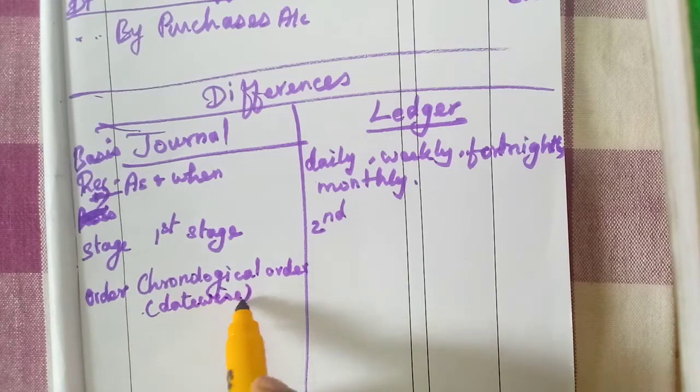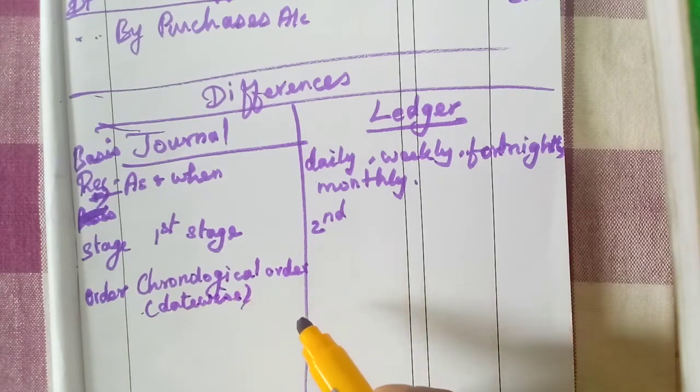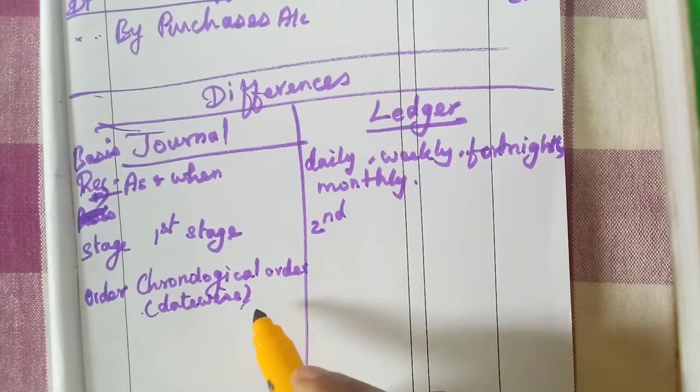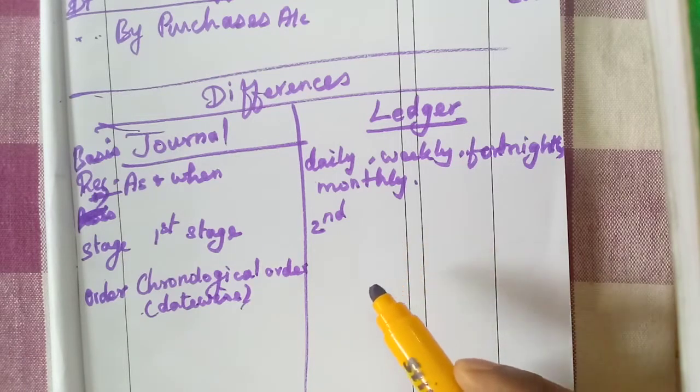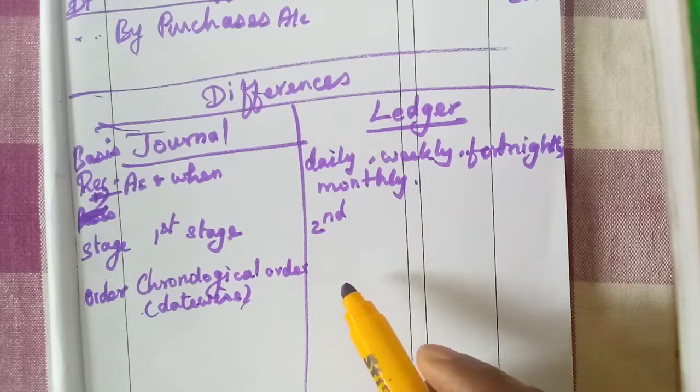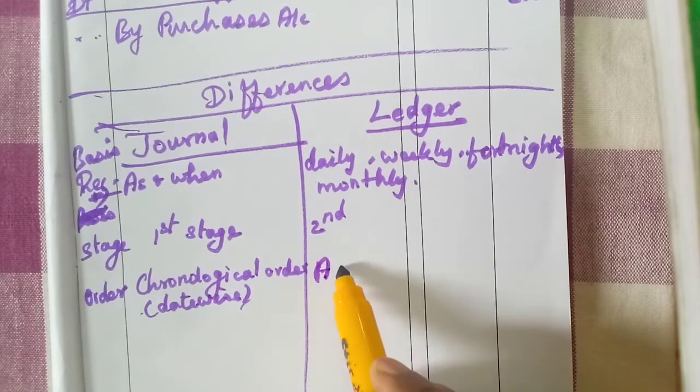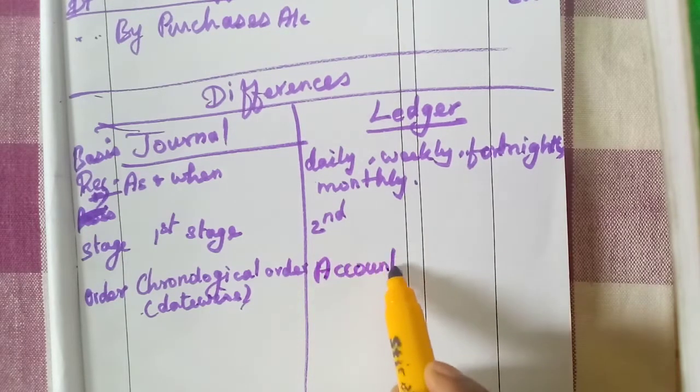Today something occurs, we will prepare the journal entries date wise, in chronological order of occurrence of the transactions. Okay, but how do we post them, in which order? Account wise. We are posting them account wise.